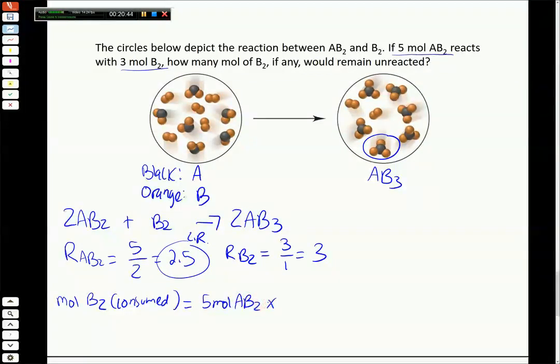Then we use coefficients to figure out how many moles of B2 will react with that. We have 1 mole of B2 reacting with 2 moles of AB2, so it's a 1 to 2 mole ratio. So 2.5 moles of B2.